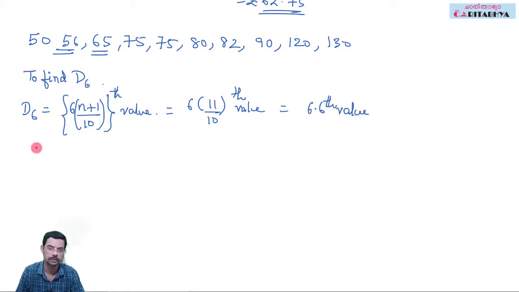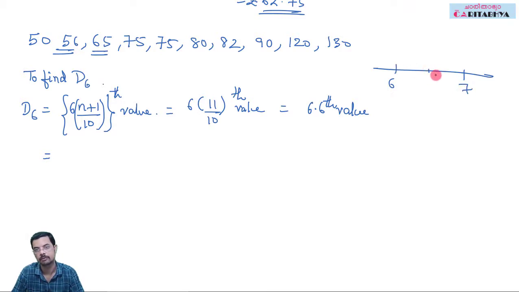How to find the 6.6th value? We know that it lies between the 6th and the 7th observation. 6.5 will be somewhere here, so 6.6 will be somewhere here. This is our sixth decile. It lies not at the 6th observation, not at the 7th, but a little more than half the distance.